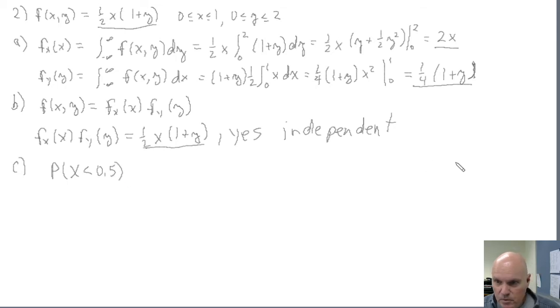Again, it's helpful here to sketch out the xy plane. The joint PDF, f of x and y, would be a surface above the xy plane. Along the x equals 0 line, this is going to be 0, but our PDF is only non-zero for x between 0 and 1, and for y between 0 and 2.